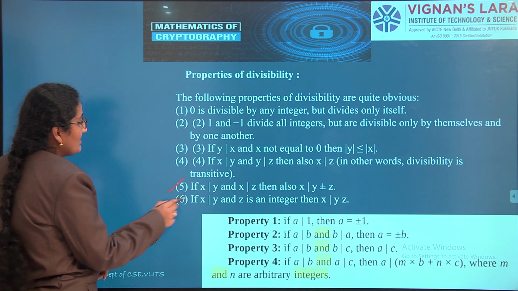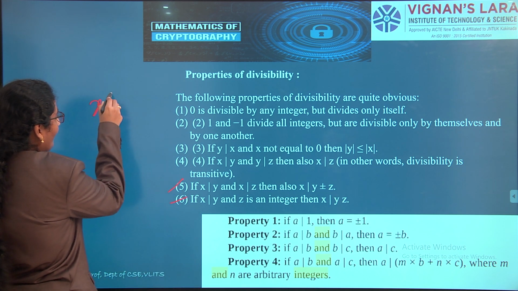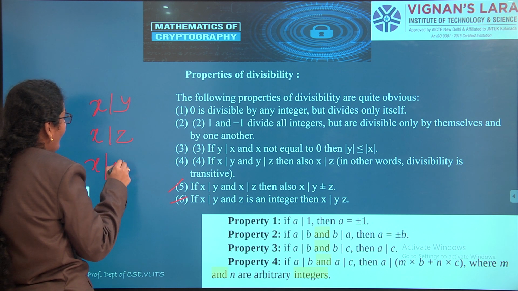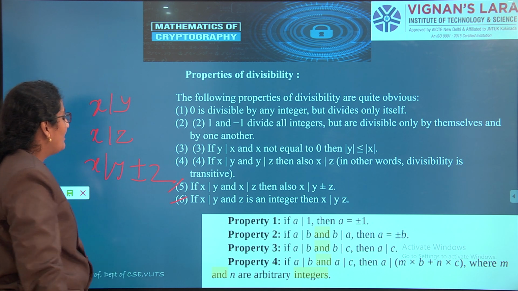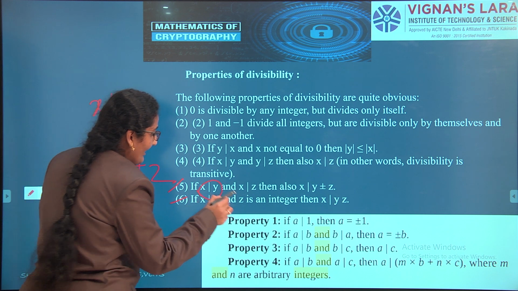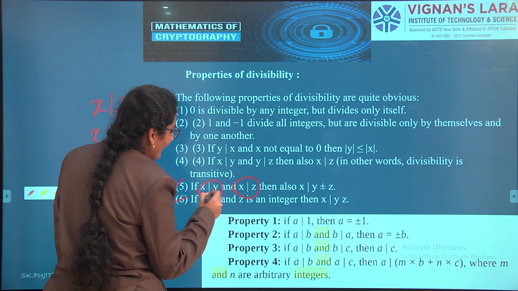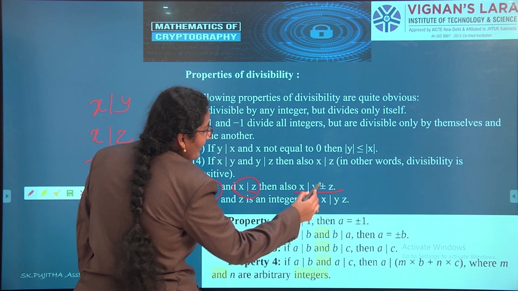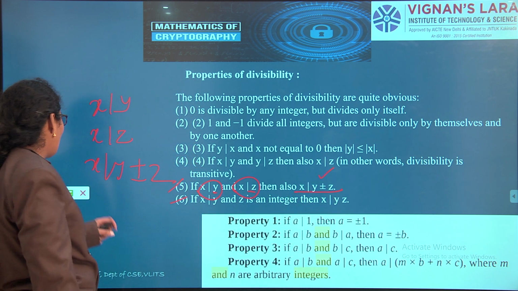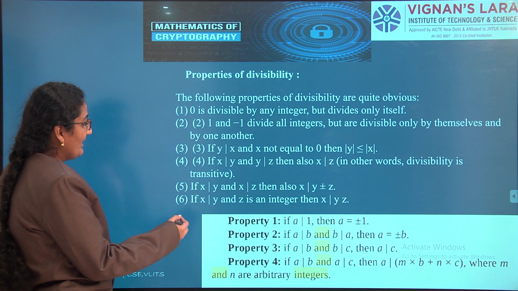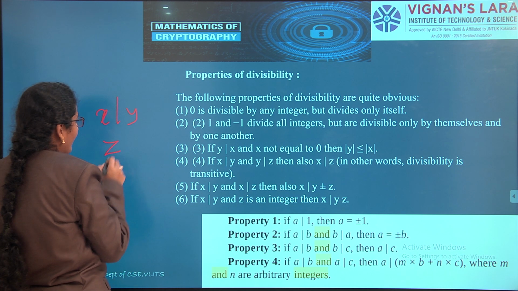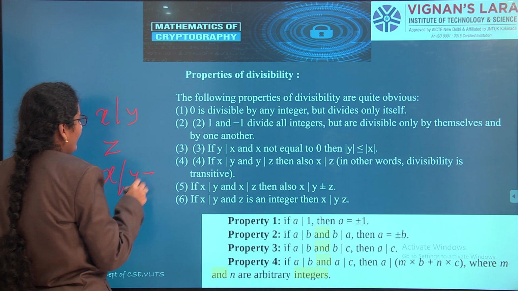See 5 and 6. If x mod y and x mod z, then x mod y plus or minus z. Nothing but x can perform mod operation with y and z. So finally last one, x mod y and z is integer, then x mod y into z.